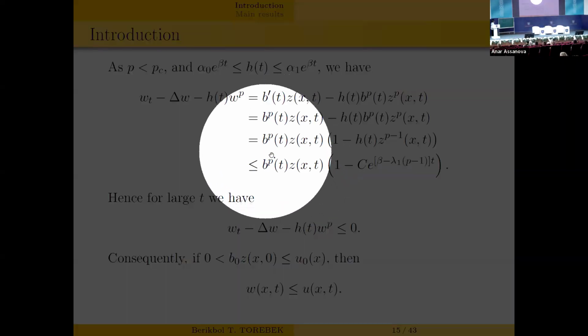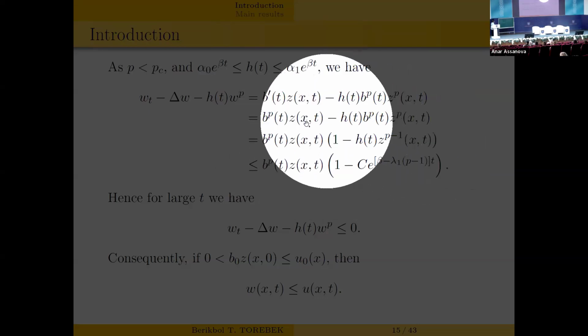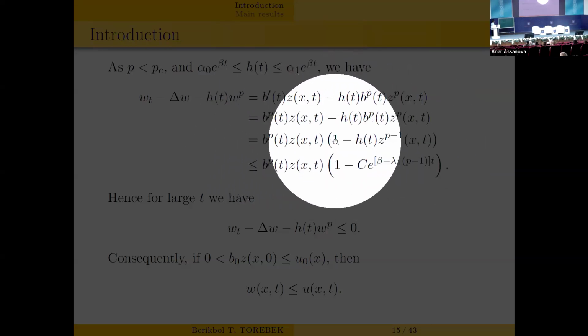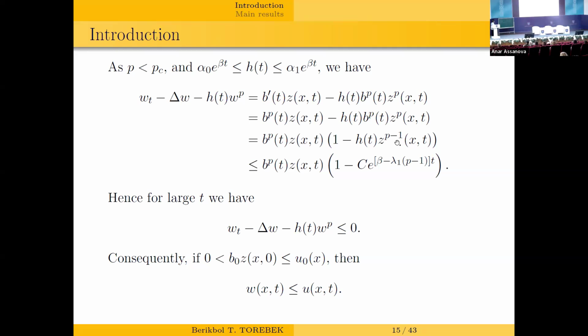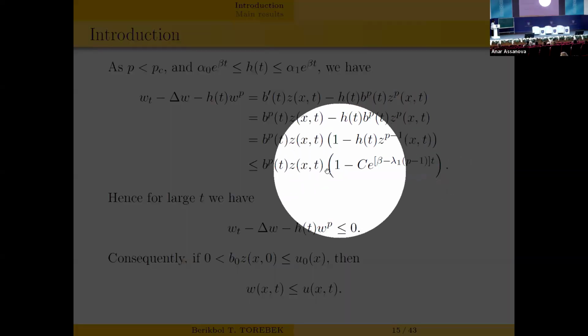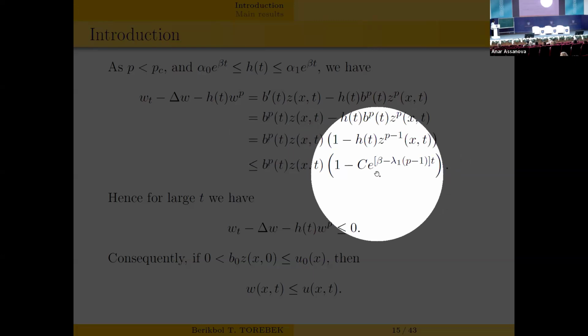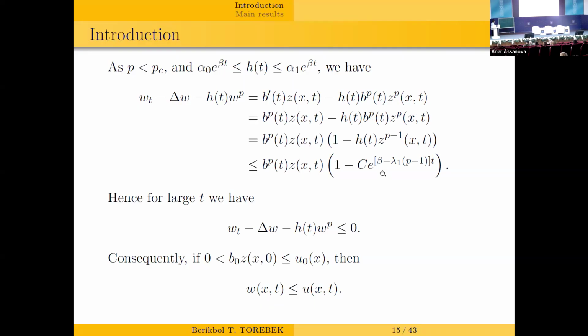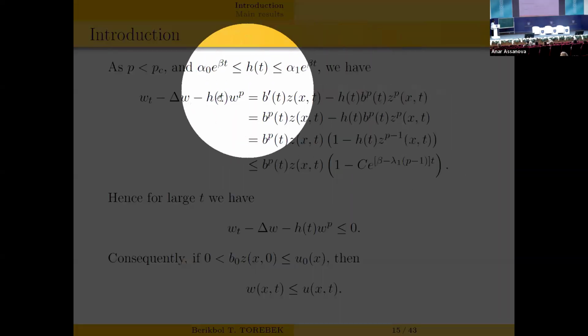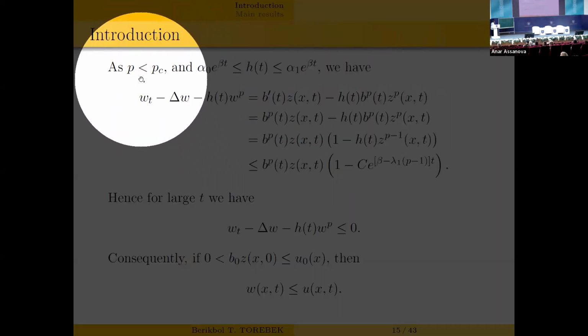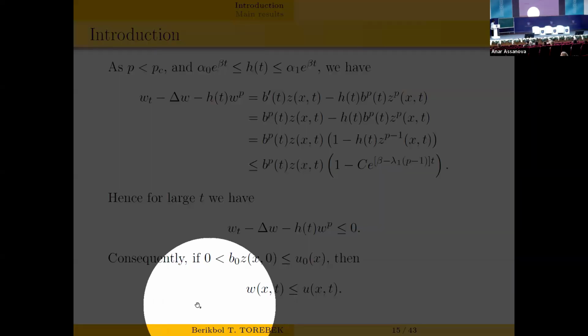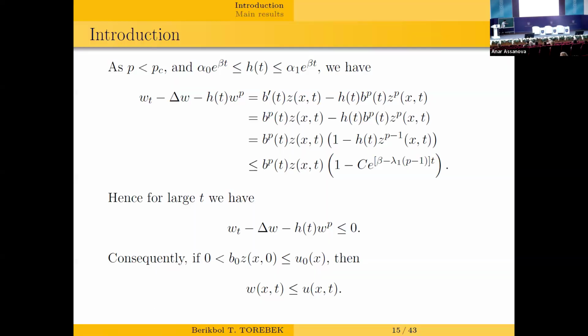Then we have this kind of expression, and now we will estimate inside of the brackets only. Then we have finally this one. And we suppose that this p satisfies this condition here, this one less than this one.